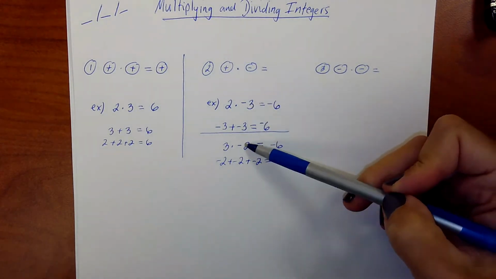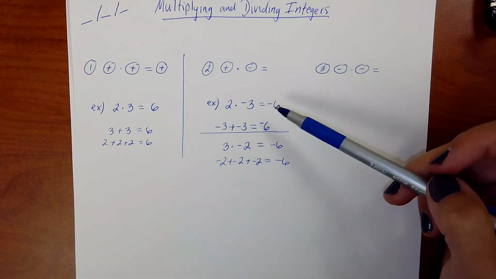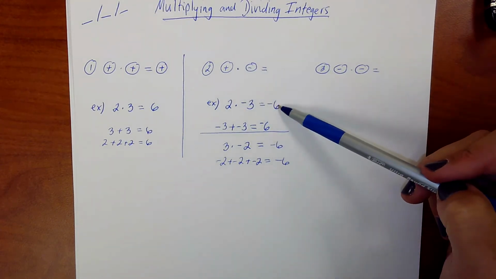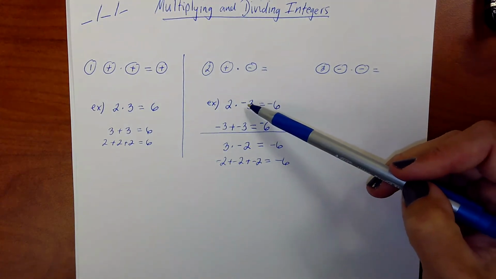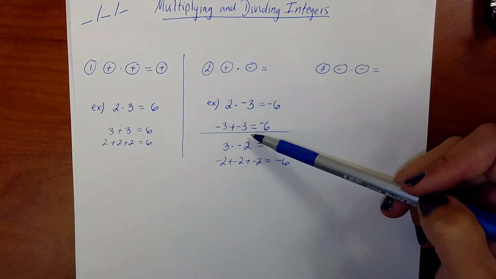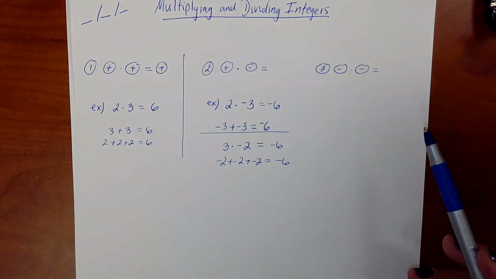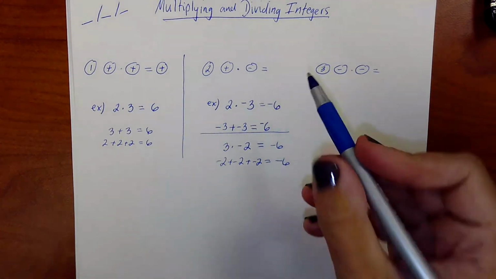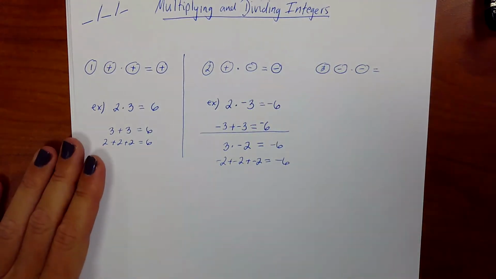It doesn't matter which number has the negative. You know how in adding, the bigger number, if it was negative, the answer is negative? For multiplying, it's even easier. If one of the numbers is negative in the problem, your answer is negative. So you just do the normal multiplication. If one of the numbers was negative, your answer is negative. It's that easy.